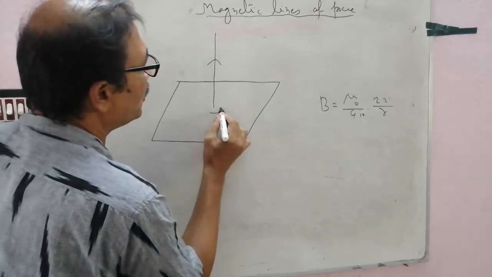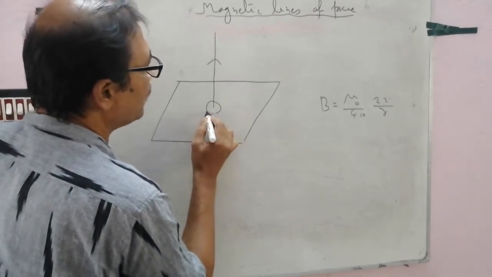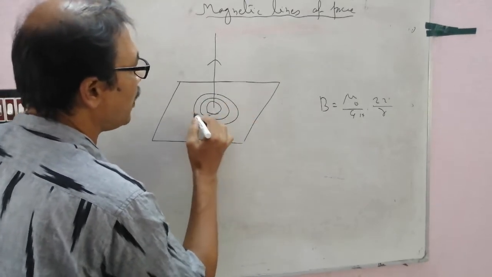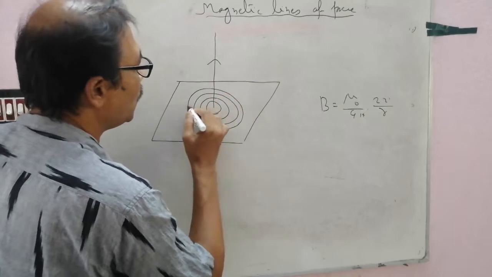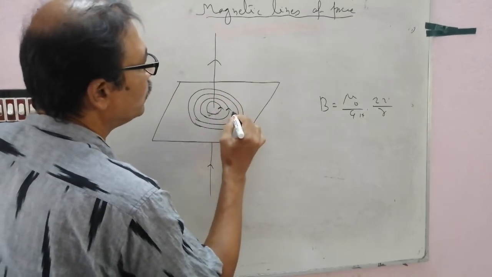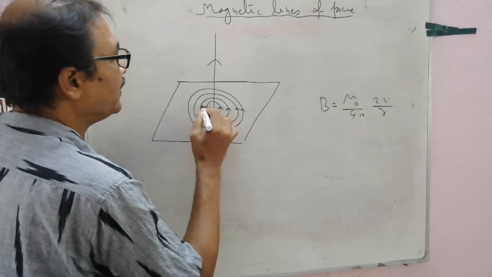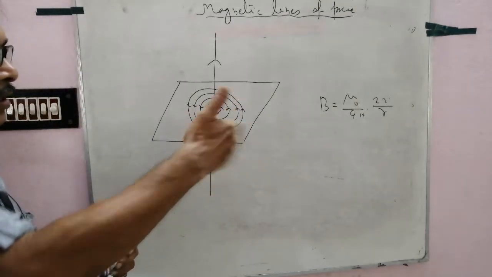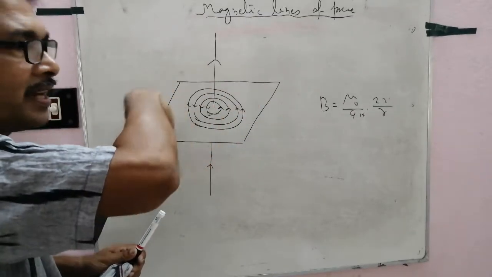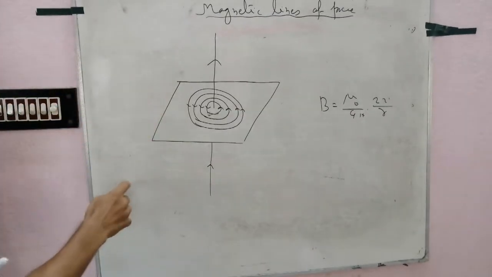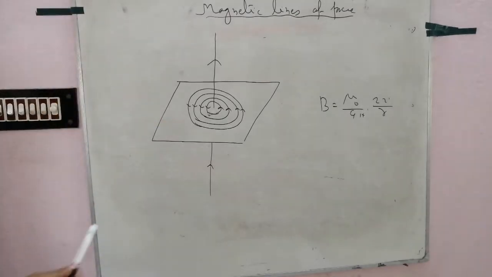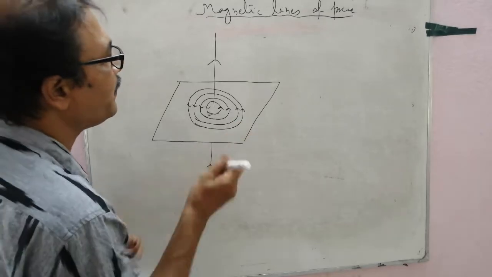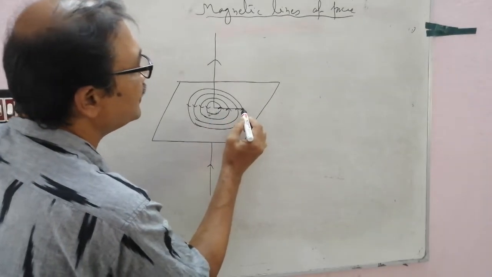You have studied this in class 10. These magnetic lines of force are circular loops. The direction of the magnetic lines of force is anti-clockwise. Clear? Anti-clockwise.